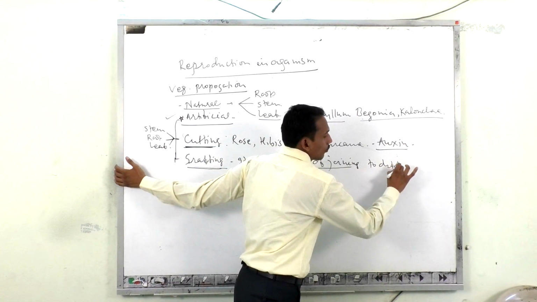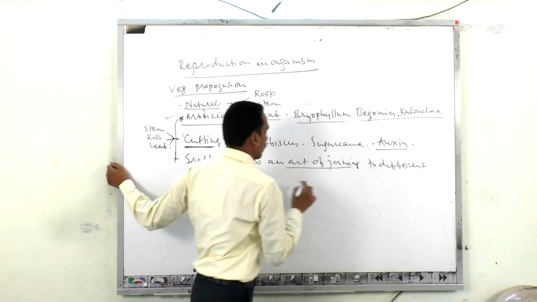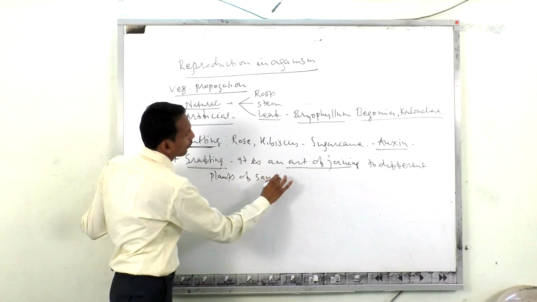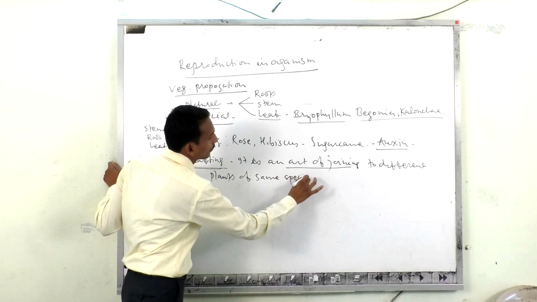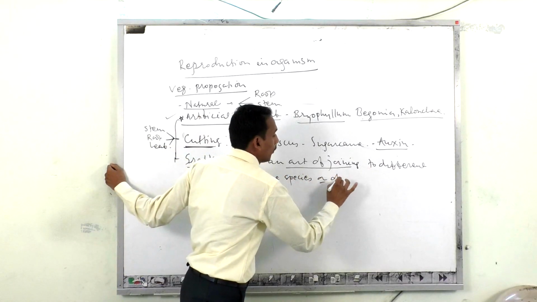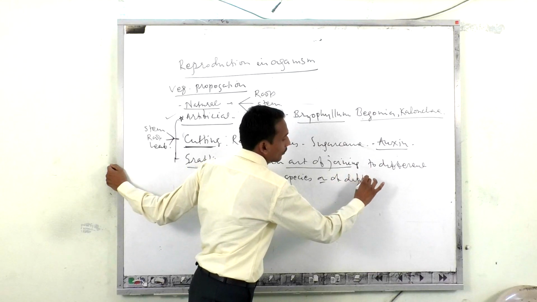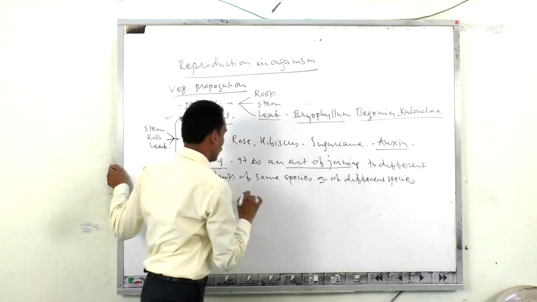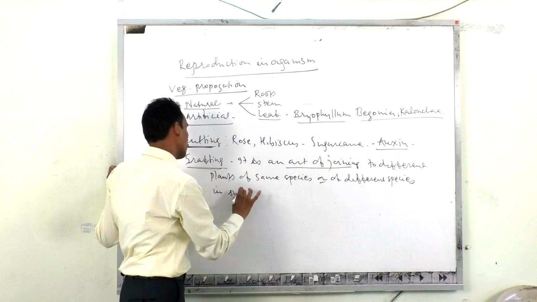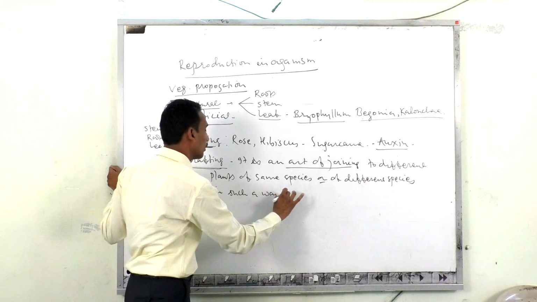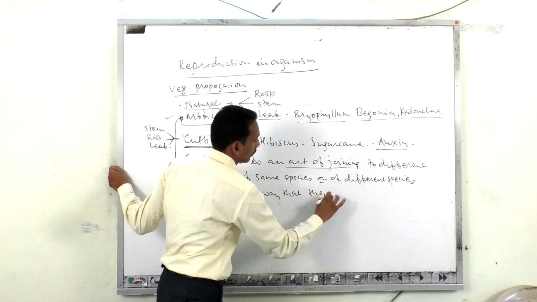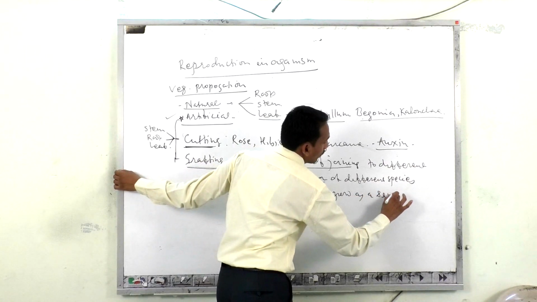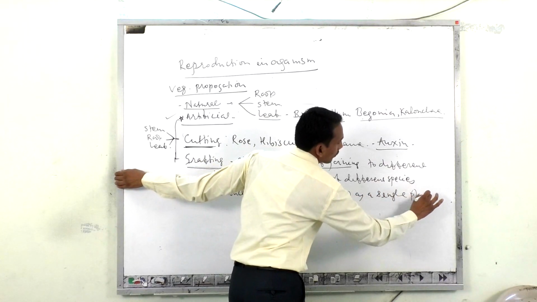Two different plants of the same species or of different species, joined in such a way that they grow as a single plant.